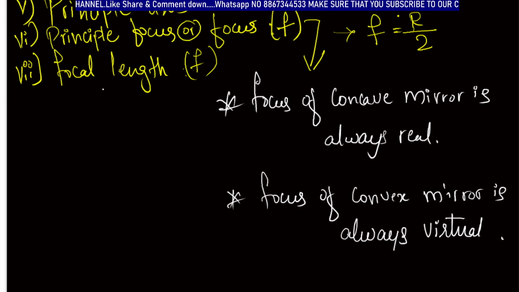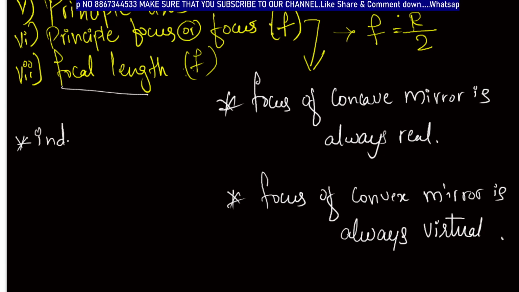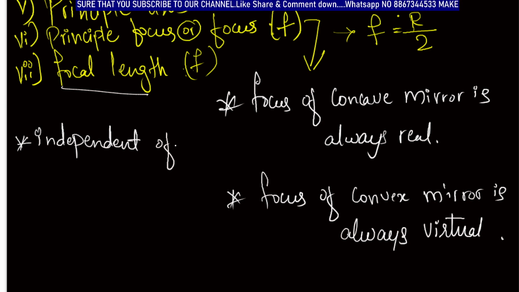And the important point to be noted down about the focal length is that focal length is always independent of the medium. Please note down these points because these are necessary for competitive exams.